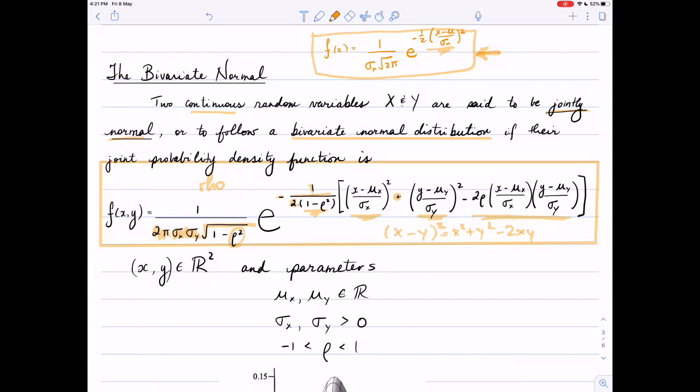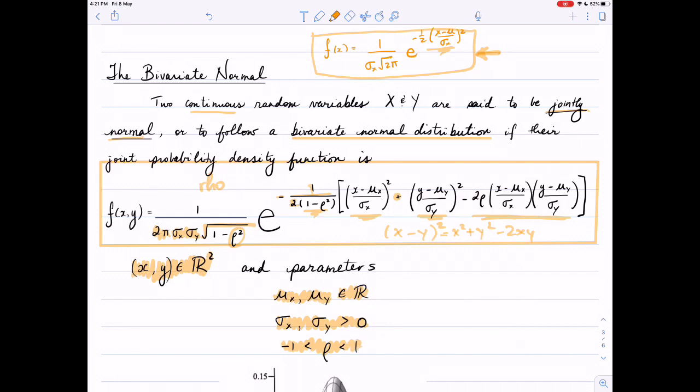So the support for this is the entire xy plane, all of R squared. And the parameters, the mu sub x, mu sub y can be any real number. The sigma sub x and sigma sub y have to be greater than 0, and rho has to be between minus 1 and 1.